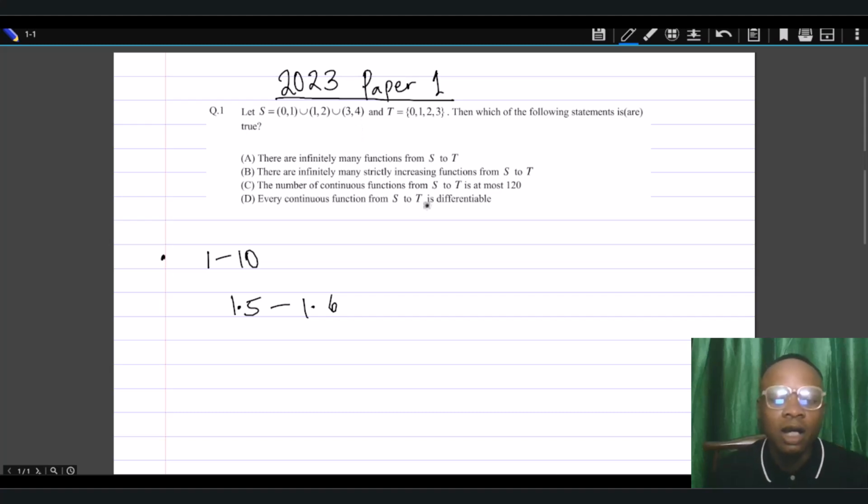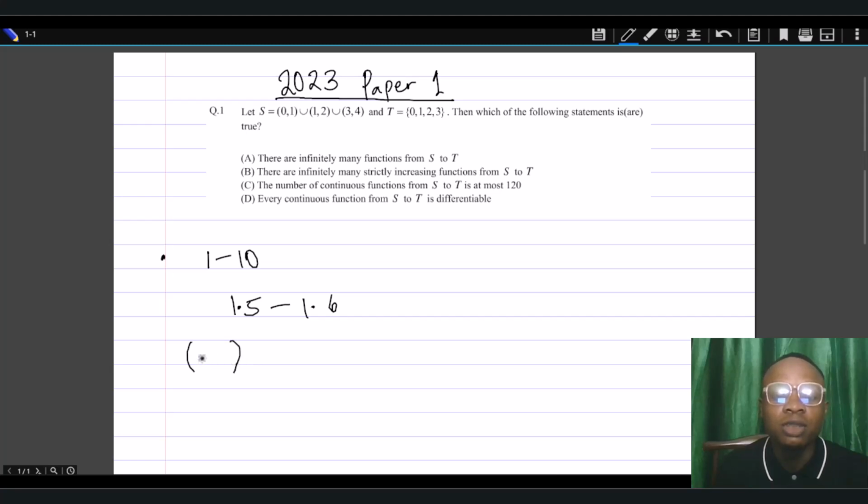Basically we have two notations that we use. We have one that denotes an open interval. If you have something like this, where we just have this parenthesis, this is an open interval.